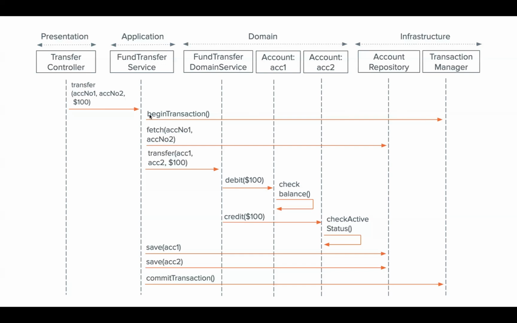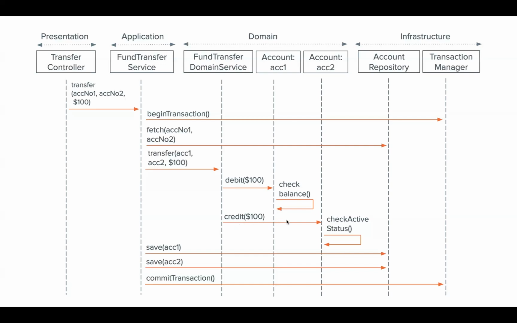Once the fund transfer service has begun the transaction, it needs to fetch the account objects for the given account numbers, for which it needs to call the account repository class and get the accounts. Once the fund transfer service has the accounts, it can then delegate to the fund transfer domain service class to perform the transfer. The fund transfer domain service class can instruct the account 1 object to perform a debit of $100. The account object can then check its balance to see if it has sufficient balance before performing the debit.